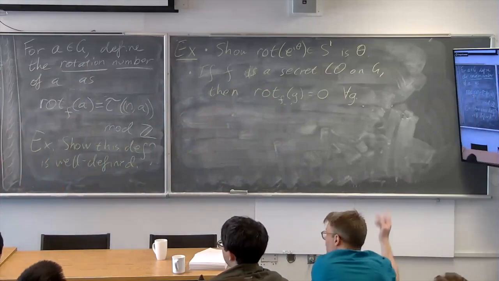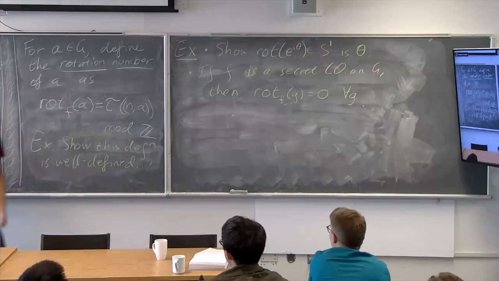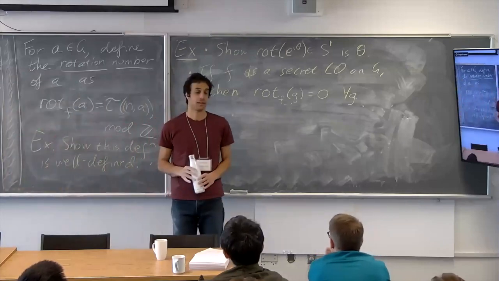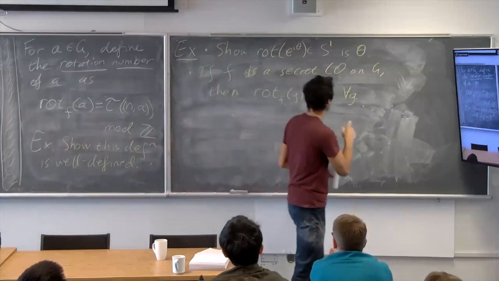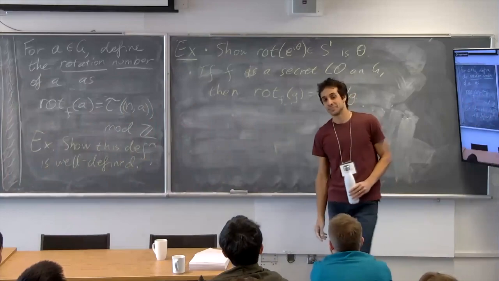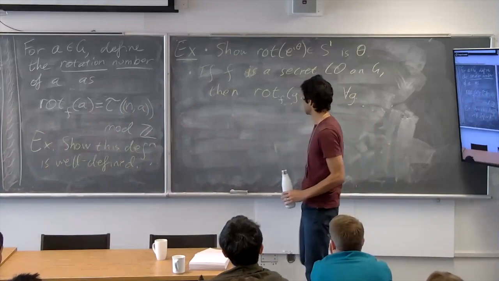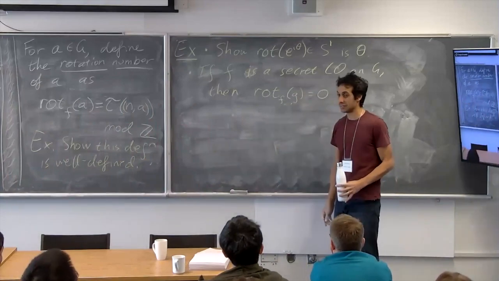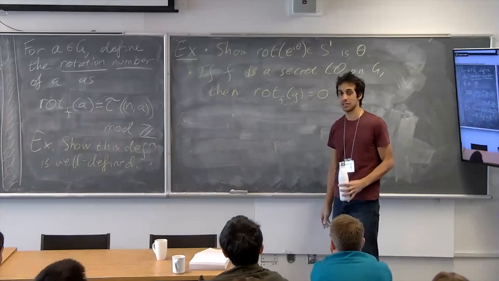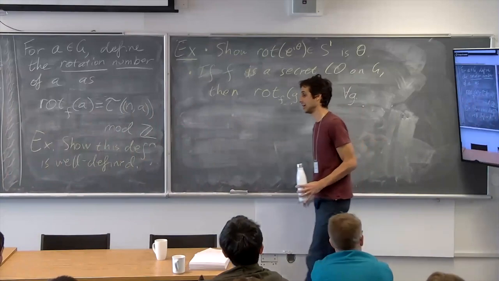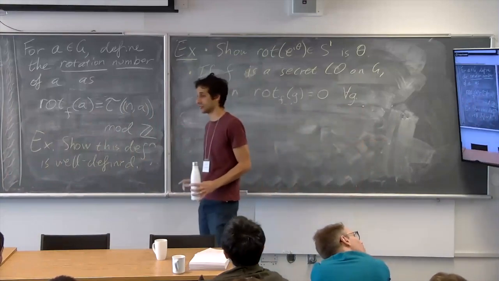Is there a converse of the second exercise? If you have an F and the rotation number is 0 for each g, is it 0 in bounded cohomology? Is that your question? Yes. It's not true, right?